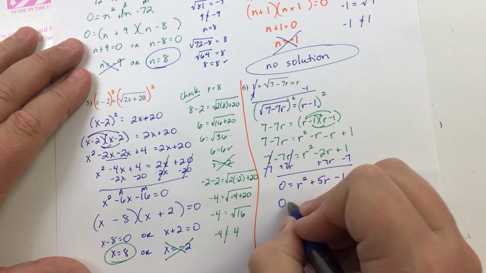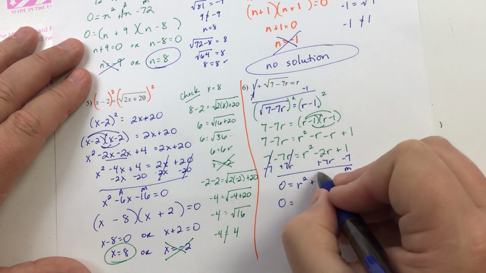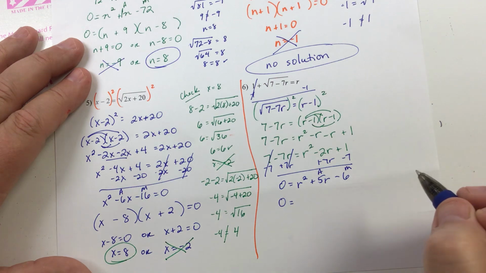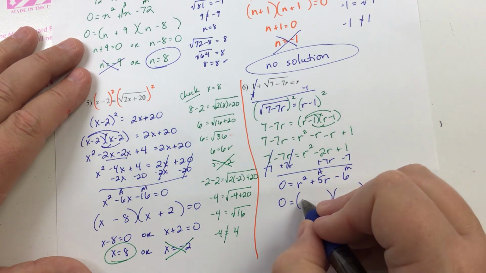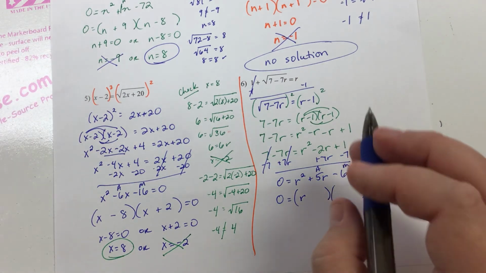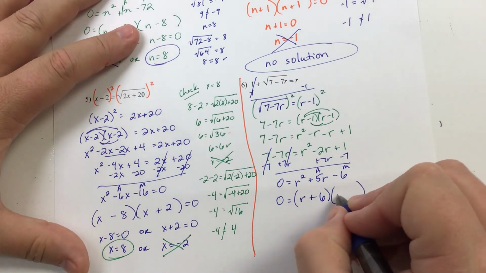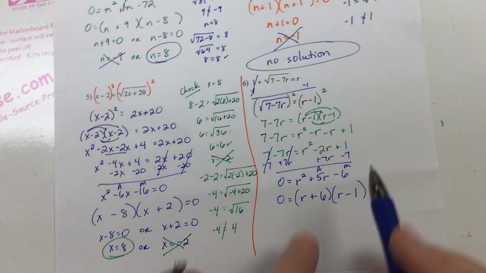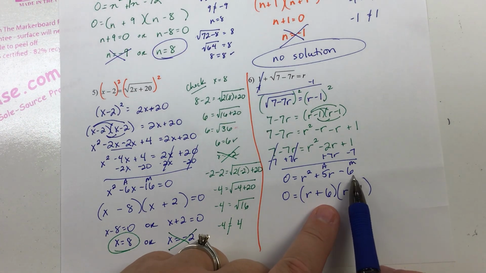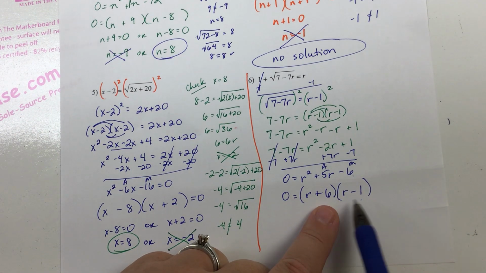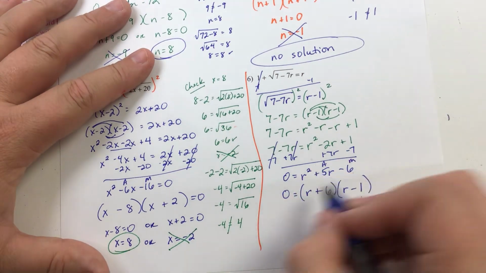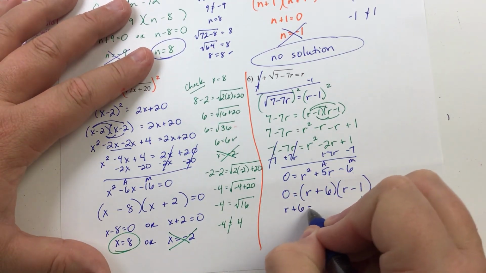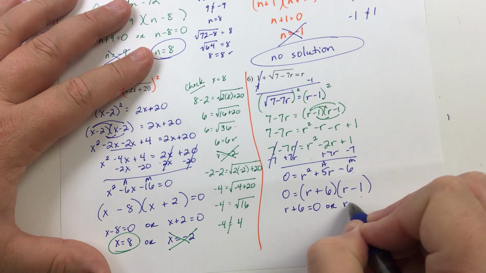Can you think of two numbers that multiply to give me negative 6 and add to give me a 5? Okay, I'm thinking of r plus 6, r minus 1, because 6 times negative 1 is negative 6, and 6 plus negative 1 is positive 5.